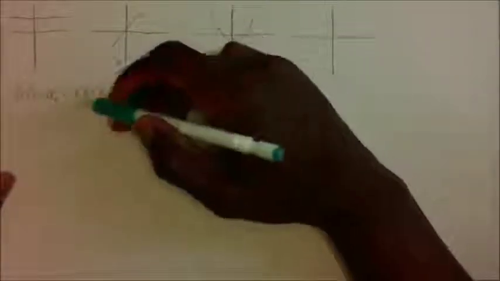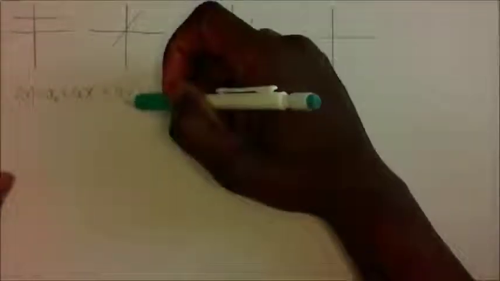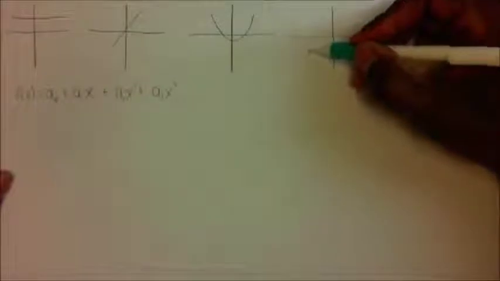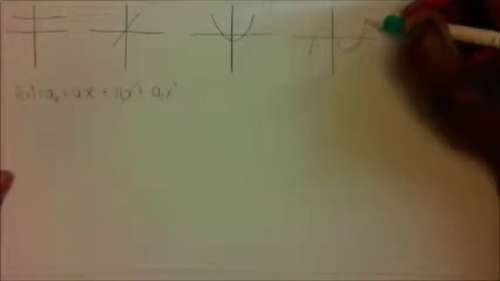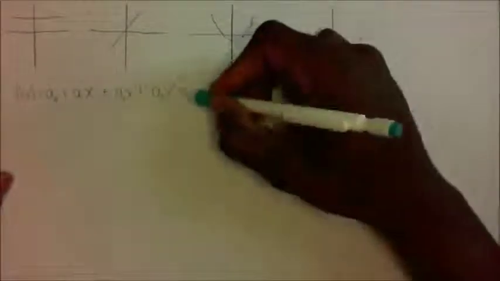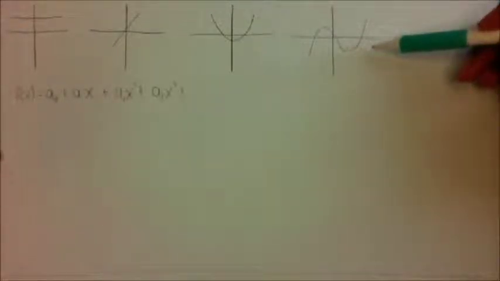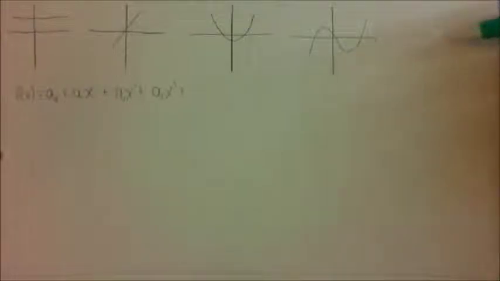And if it goes to a sub 0 plus a1x plus a2x squared plus a3x cubed, in addition to all of these above, it can be a line now with two curves. And the general rule is the higher the polynomial, the greater the number of curves you can have, and also the more capable you are of altering the shape of that curve.